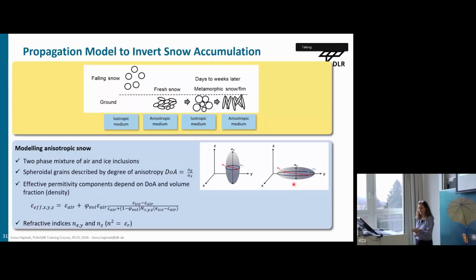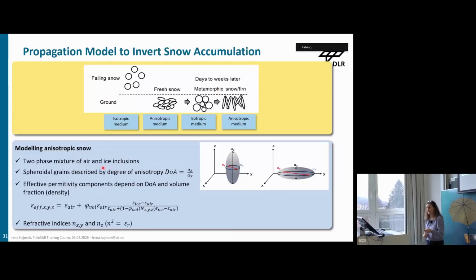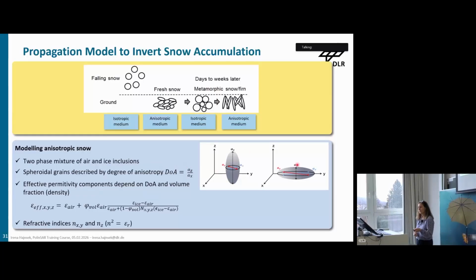So the main idea was to have a kind of two-phase mixture, which means we have an interface between air and ice. That's important. Then we integrated the degree of anisotropy, which means the shape of how the crystal looks.